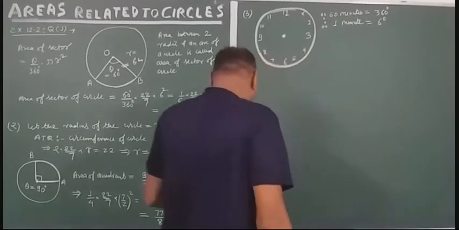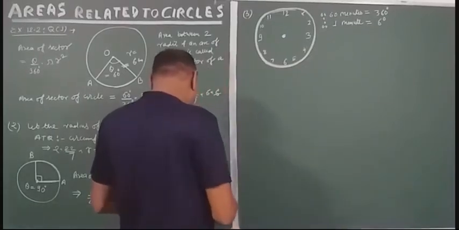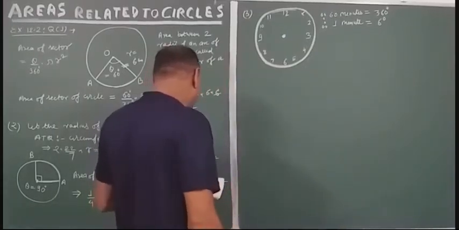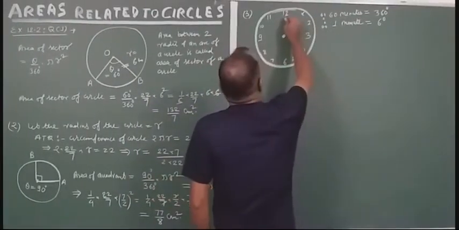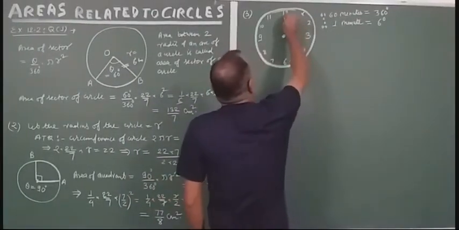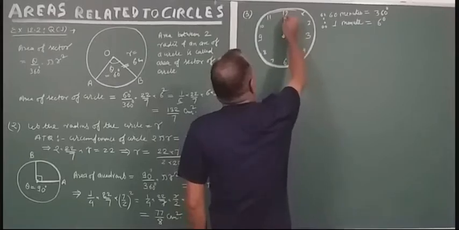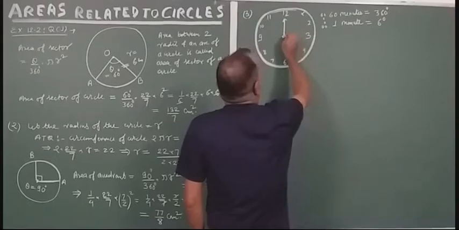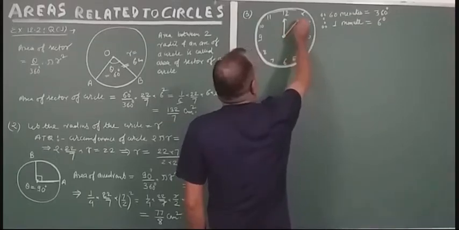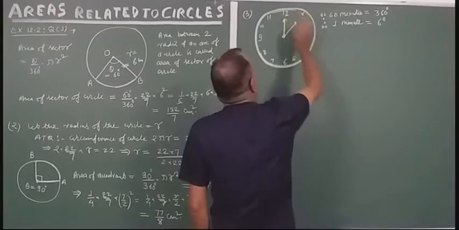Okay. Question is this. The length of the minute hand of a clock is 14 centimeter. Suppose this is the minute hand of a clock, and in 5 minutes this will reach here. So you have to find this area swept by this clock hand.